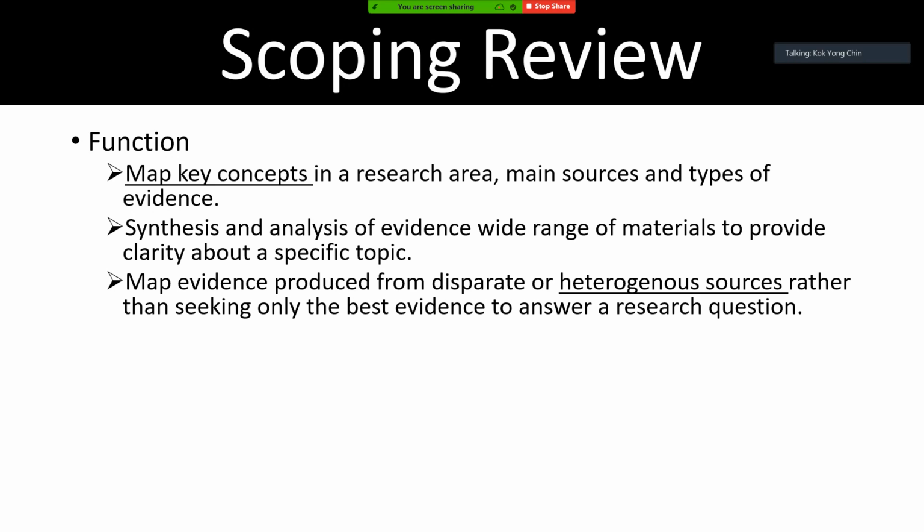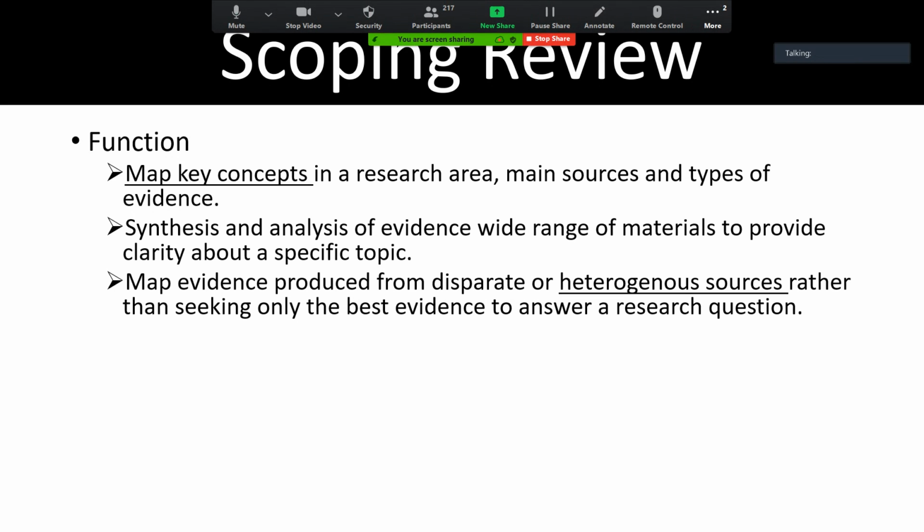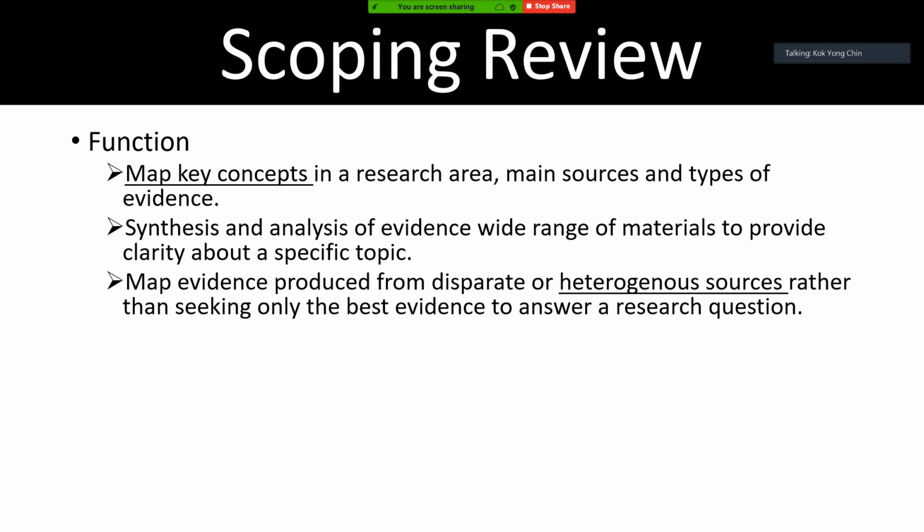People do scoping review because they want to map key concepts in a research area, main sources and types of evidence available in one particular subject of interest, or to synthesize and analyze evidence available worldwide, a wide range of materials, to provide clarity about a specific topic. The keyword here is a wide range of materials, so your evidence is quite heterogeneous.